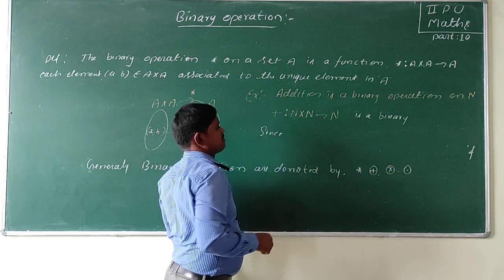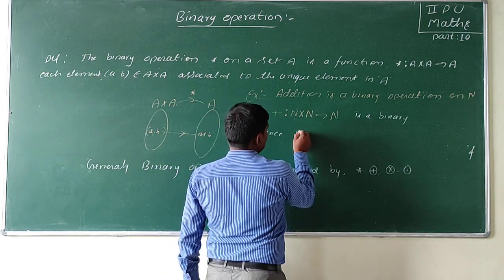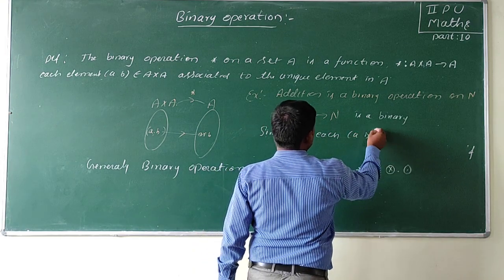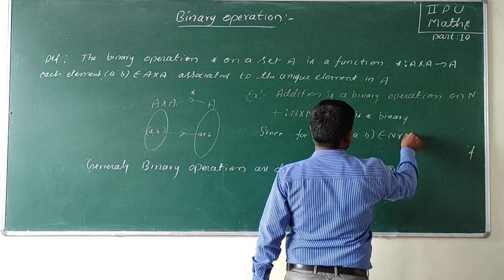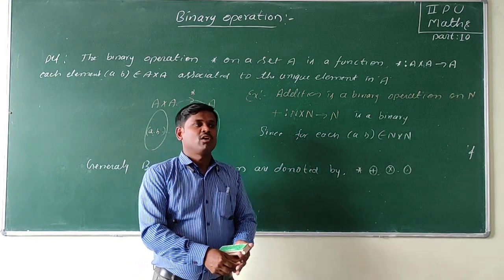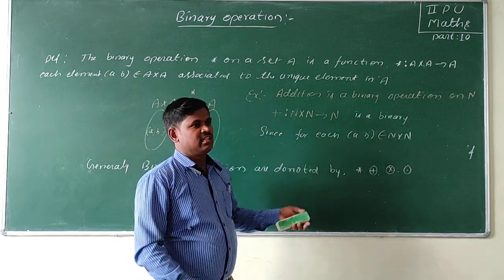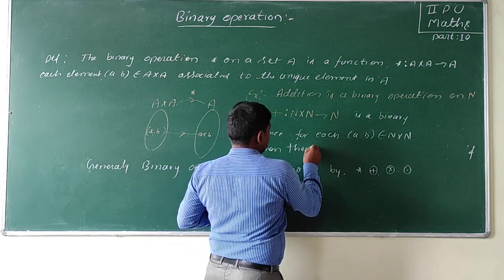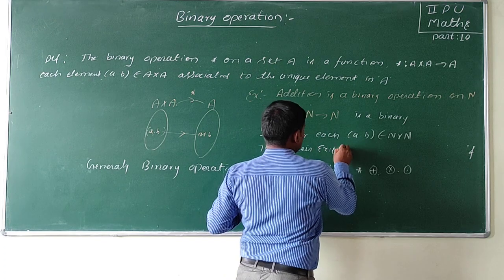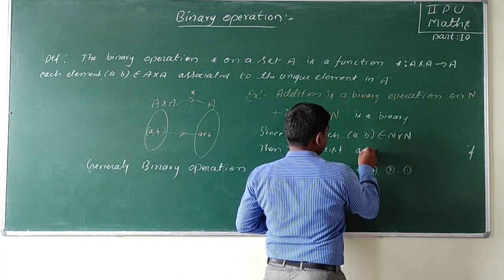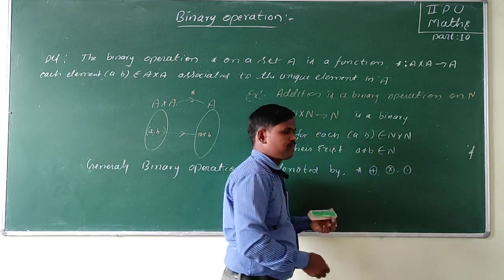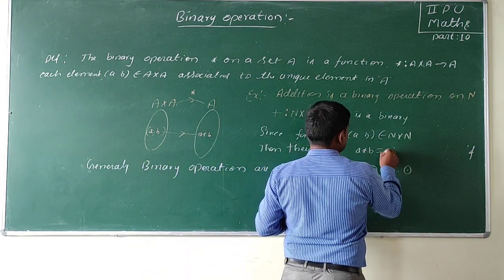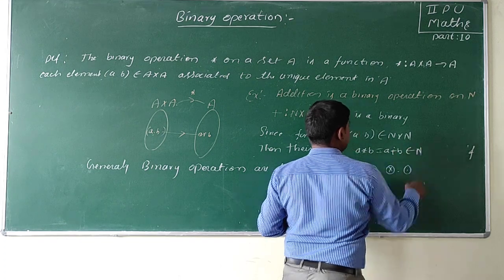Because for each (a, b) belonging to N cross N, that is, any ordered pair in N cross N, there exists a star b belonging to the natural numbers. Here a star b is equal to a plus b, which belongs to the natural numbers.